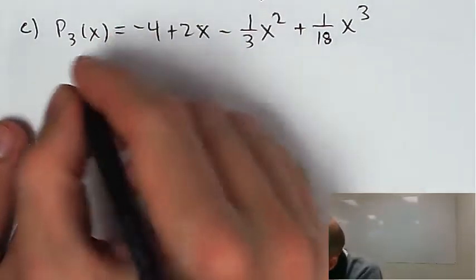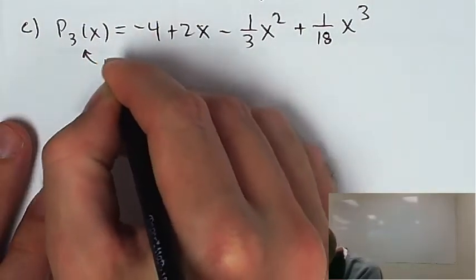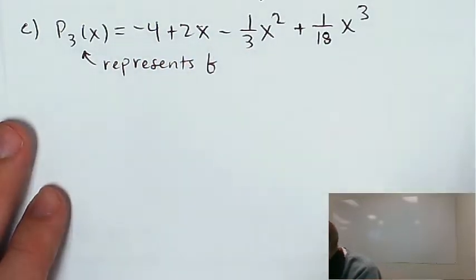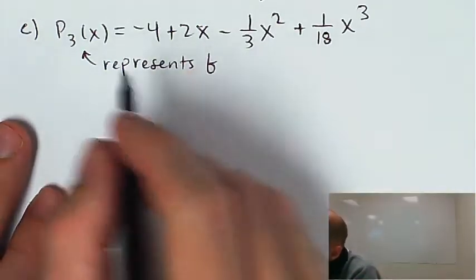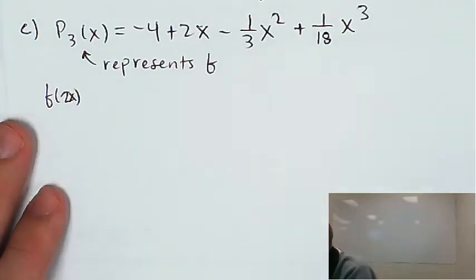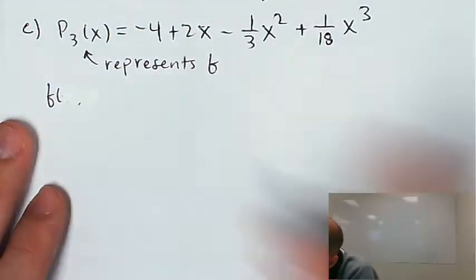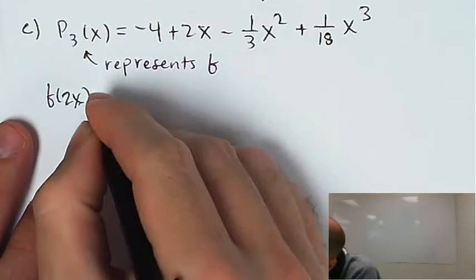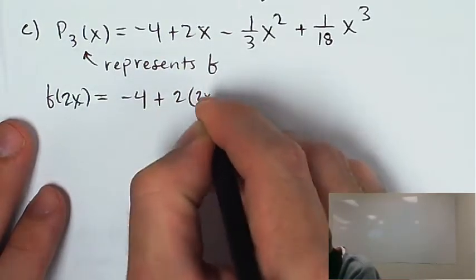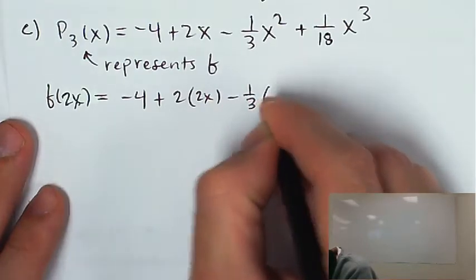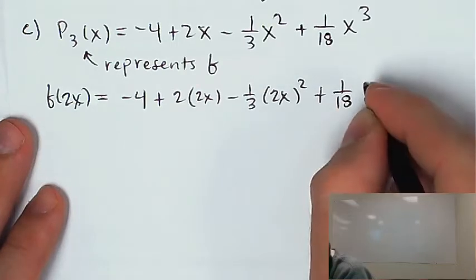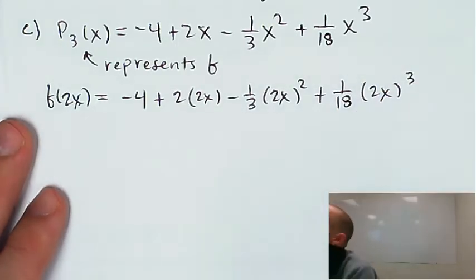So if P3, which represents f, is this, then f of 2x is going to be equal to -4 plus 2 times 2x minus 1/3 of 2x squared plus an 18th of 2x taken to the third power.